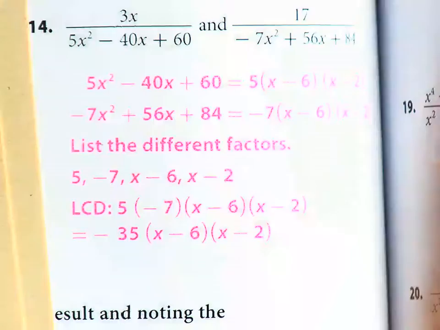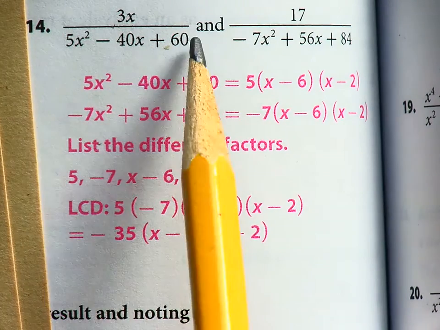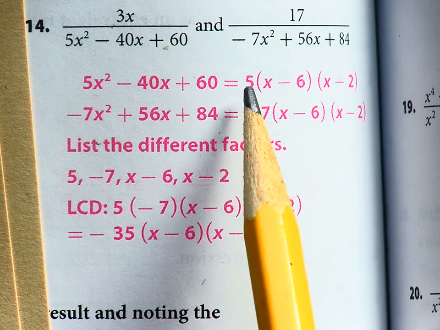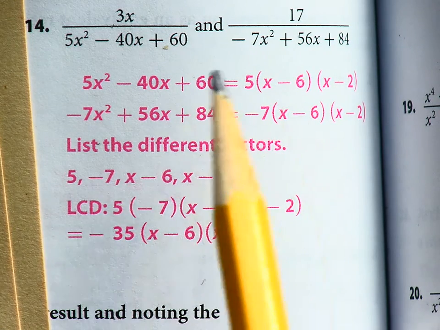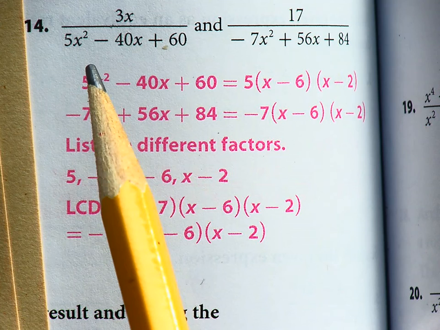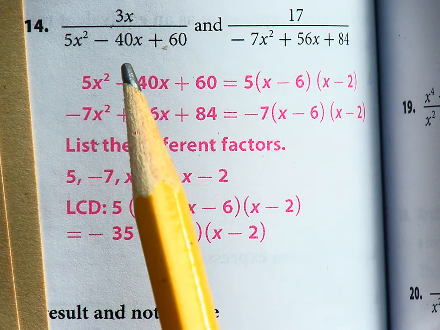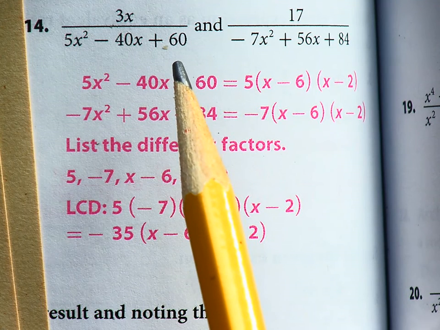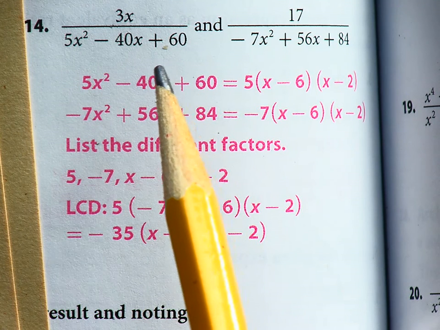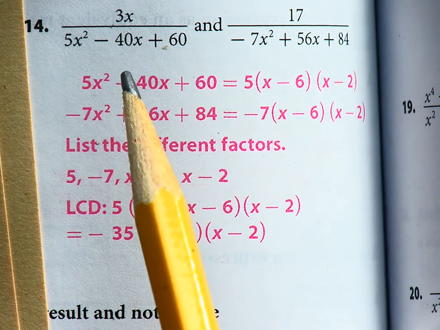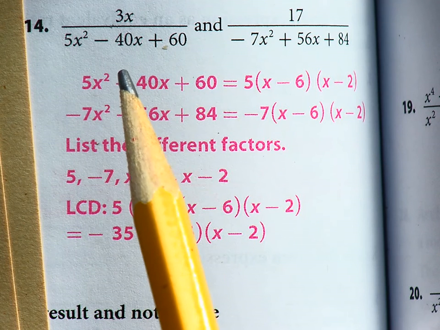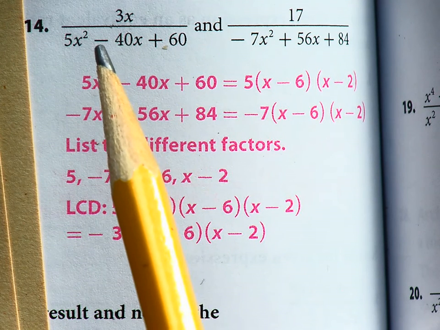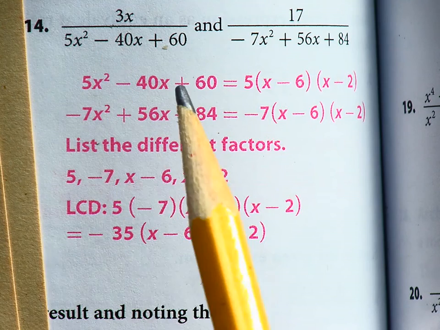Same basic thing, but first we're going to factor out. We said 5 can go into all of these, so we divide by 5. That gives me x squared minus 8x plus 12. So factors of 12 that add to equal -8. And since they add, that means both signs would be negative.